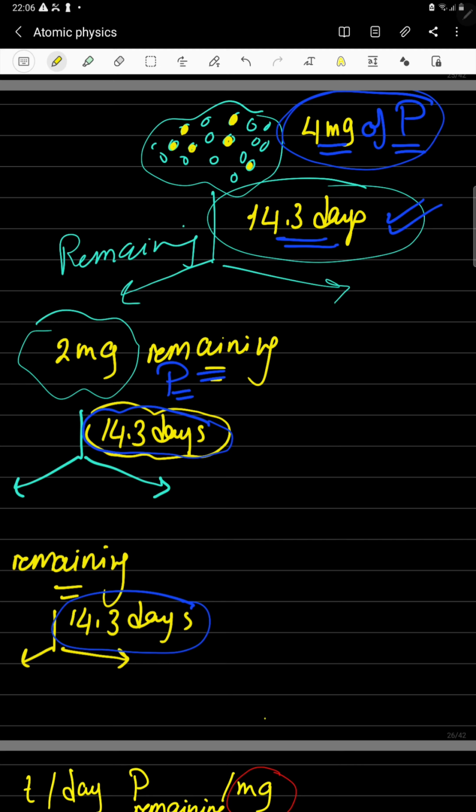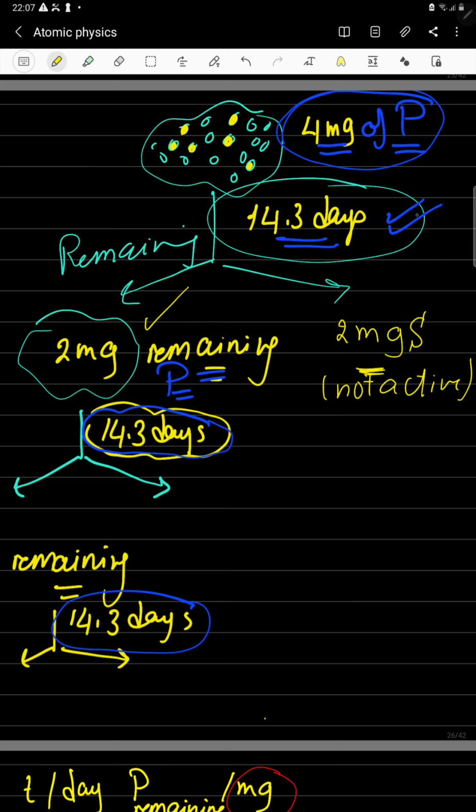After 14.3 days, I'm going to find that I have only 2 milligrams of phosphorus and 2 milligrams of sulfur that have decayed. The decayed phosphorus has lost its activity. They are not active. I have only 2 milligrams of radioactive phosphorus.